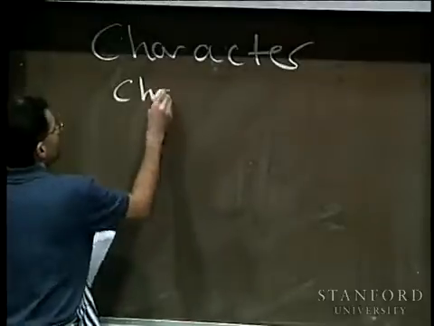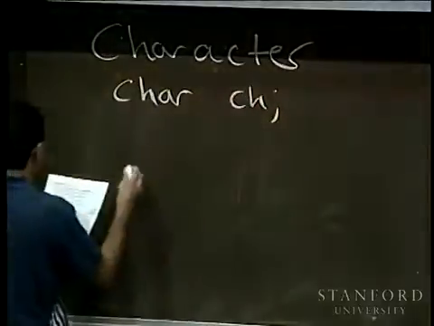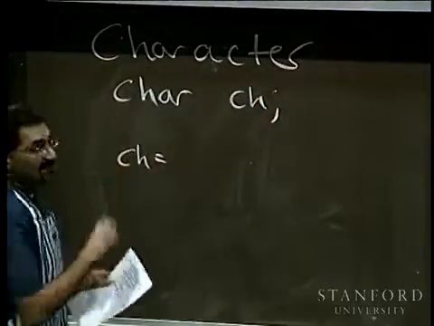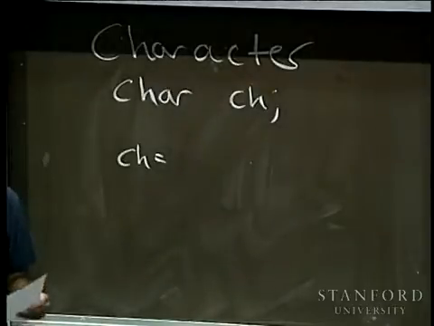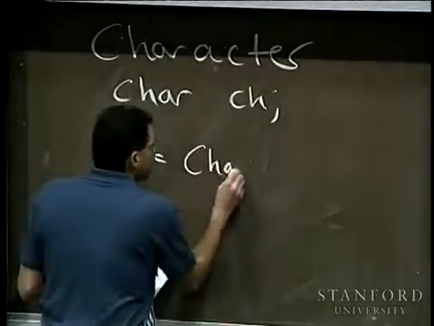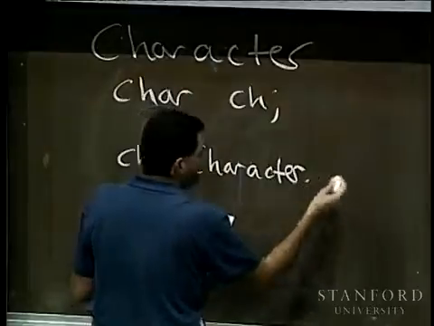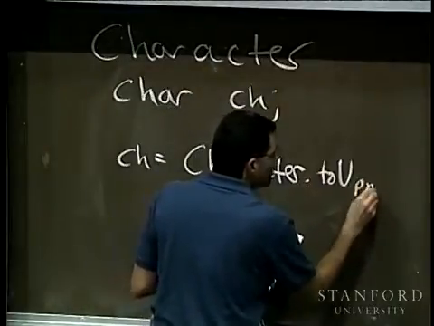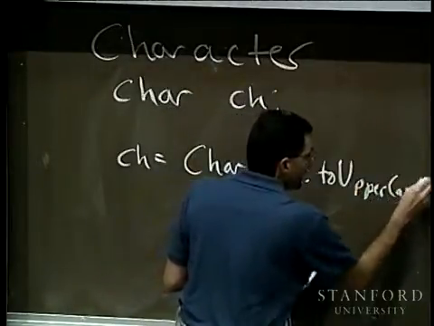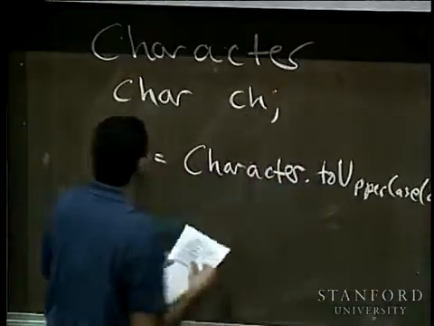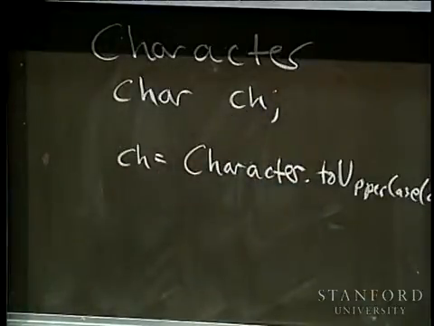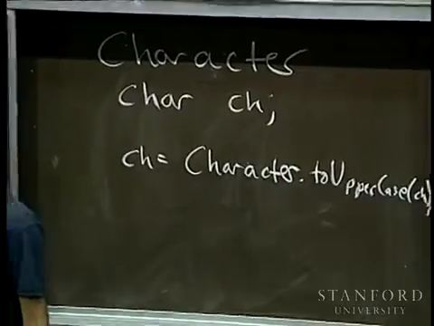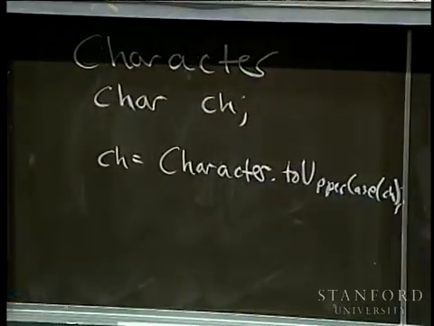If I have char ch, I can say ch equals, and I give it the name of the class instead of the name of an object. So I say Character dot, and there's, for example, something called toUpperCase that gets passed some character and returns to you the uppercase version of that character. Just like we wrote toLower here, you could do a very similar kind of thing with slightly different math to create an uppercase version.